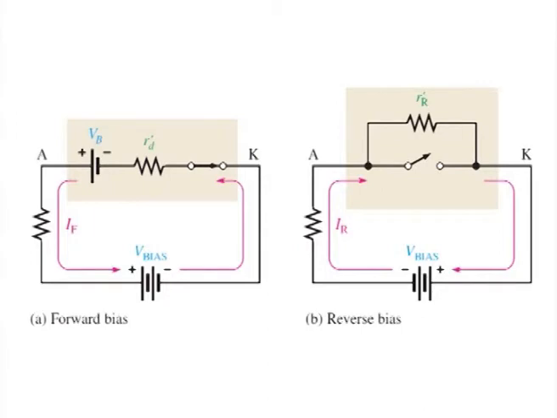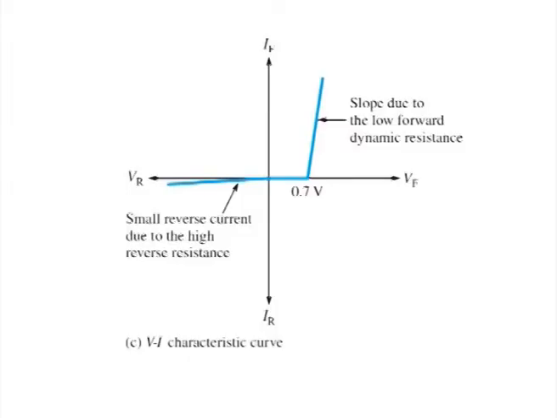Since the barrier potential and the forward dynamic resistance are included, the diode is assumed to have a voltage across it when forward biased. This voltage consists of the barrier potential voltage plus the small voltage drop across the dynamic resistance, as indicated by the portion of the curve to the right of the origin.